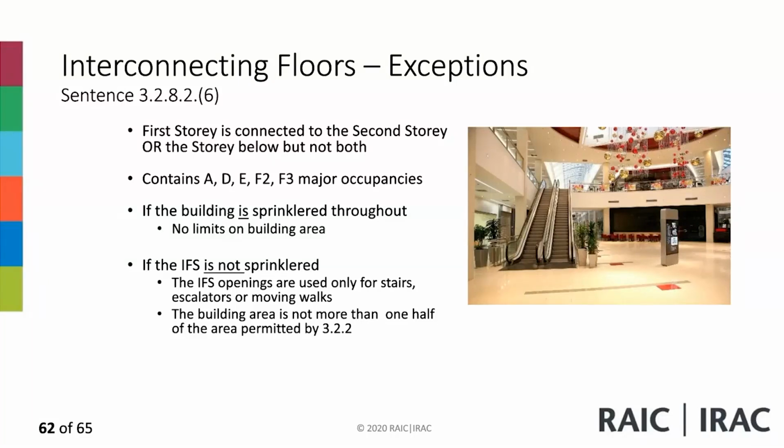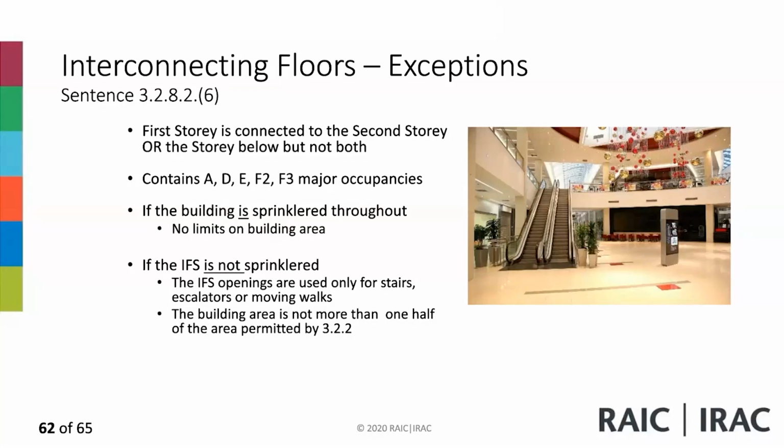So if I'm permitted to have an interconnected floor space, I don't need to protect it, and I don't need to have a vertical fire separation, provided it consists of the first story and the story next above it, that's the second story, or the story below it, like the first basement level, but not both.